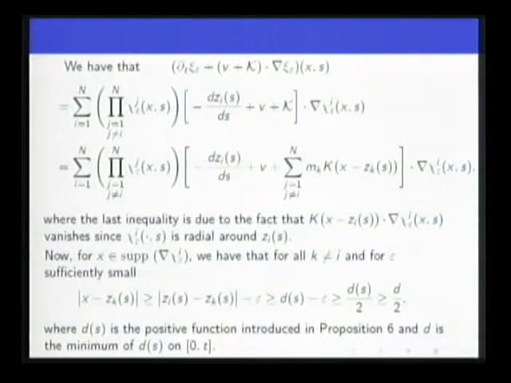Using the symmetric properties, and since we've chosen our cutoff functions to be radial around the point vortices, and given a point in the support of the gradient of psi epsilon, this distance is uniformly bounded below.